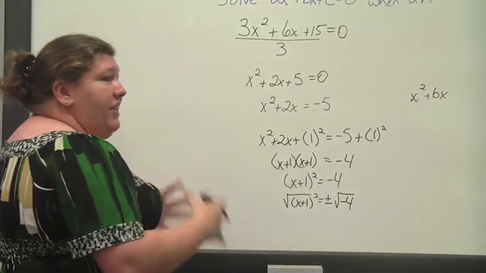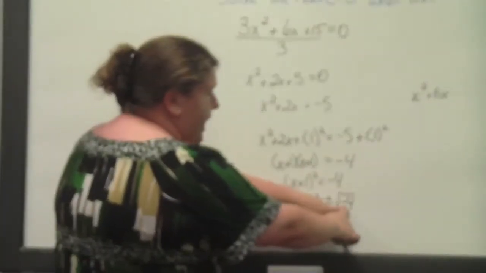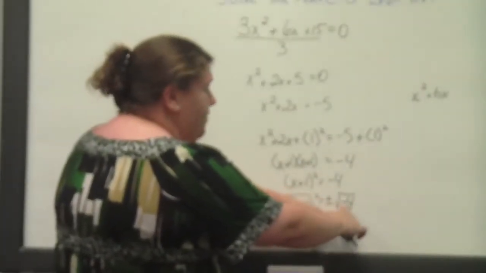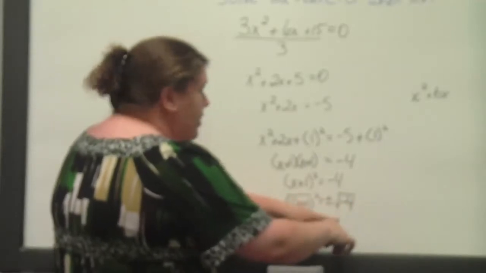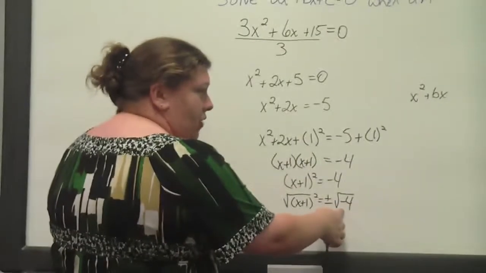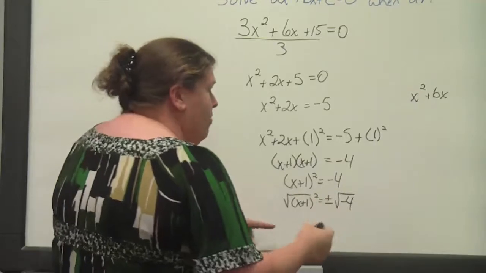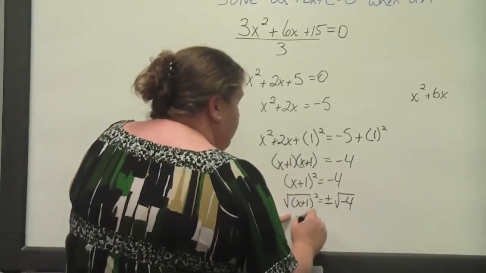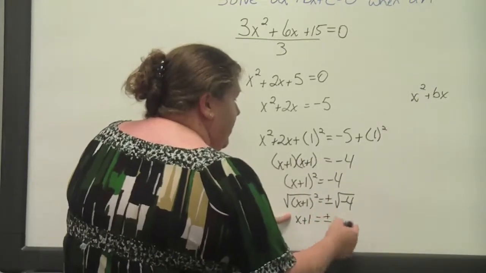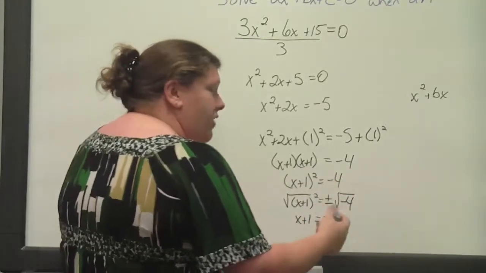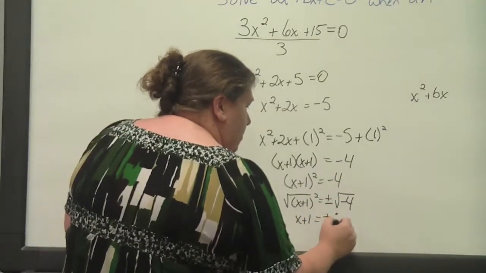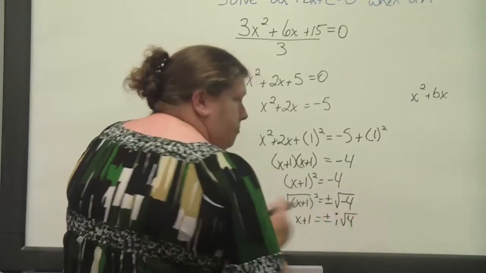I can see right now that I have a negative inside my radical. You cannot have a negative inside the radical. So I'm going to go ahead and rewrite that, and I have x plus 1 equals plus or minus. The way to get rid of the negative is my i. My i square root 4.